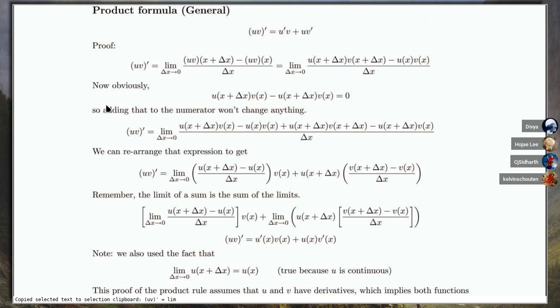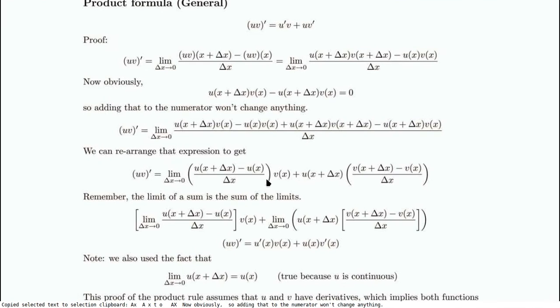So what they do is a manipulation trick in algebra. They add this thing to the numerator, which is u of x plus delta x times v of x minus u of x plus delta x times v of x, which is 0. If you add that, you get some nice things.